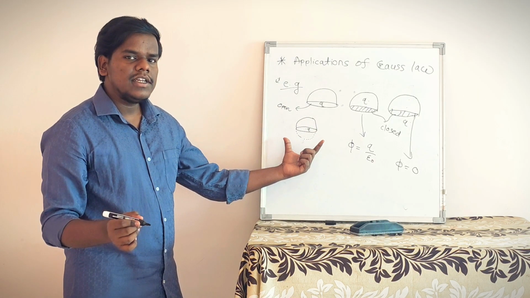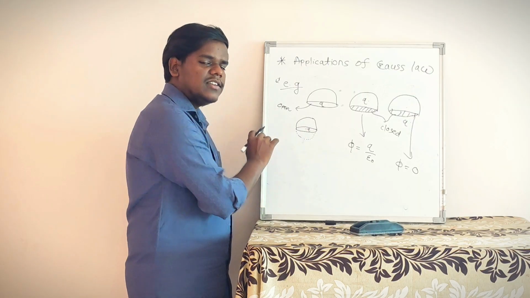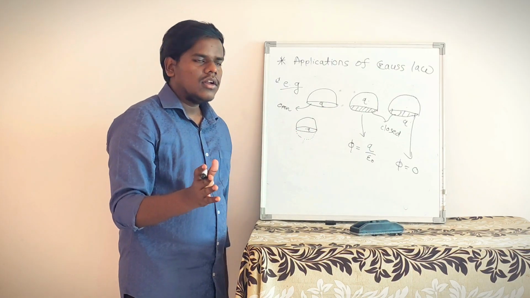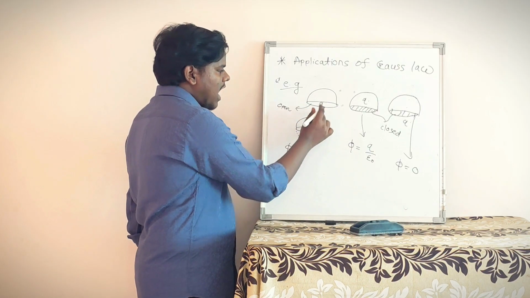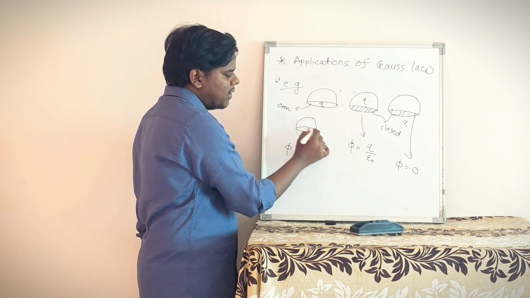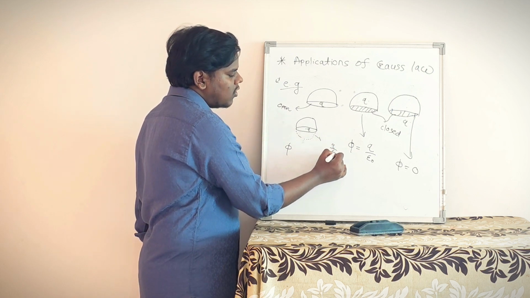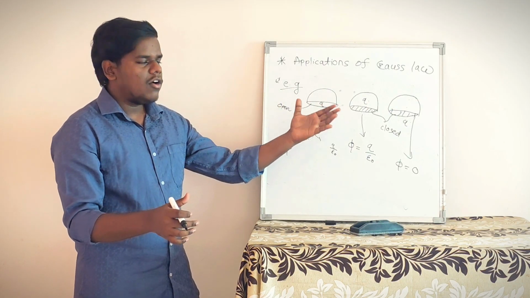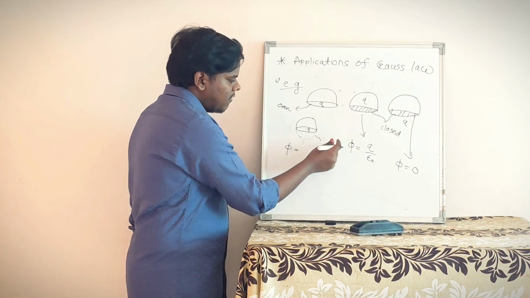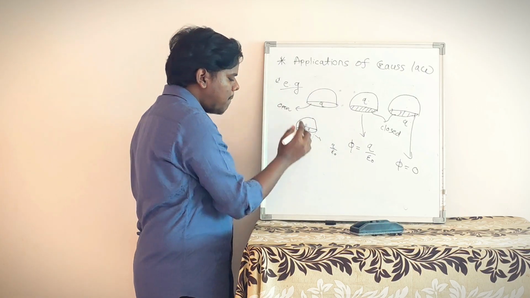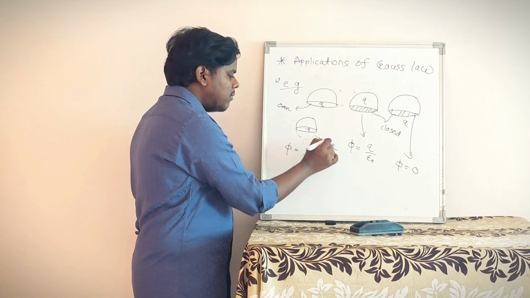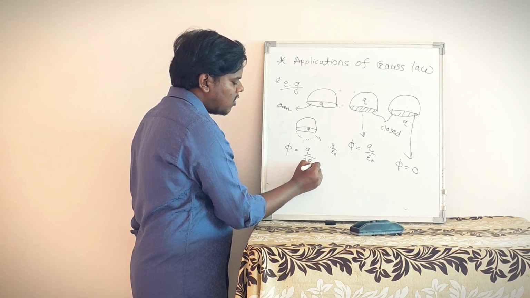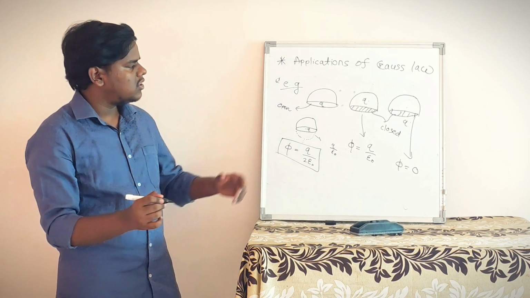For the complete sphere, if charge Q is inside that sphere, we write Q upon epsilon naught. But here we have only half part of it. So by symmetry, the flux will get equally divided. That means for the half part, flux will be half of whatever the flux is for the total sphere. So Q upon 2 epsilon naught will be the flux through this hemisphere.